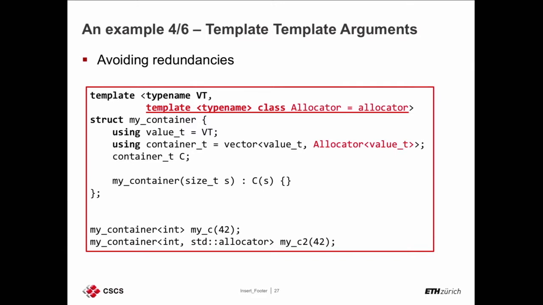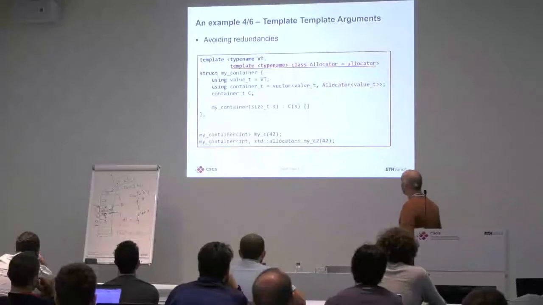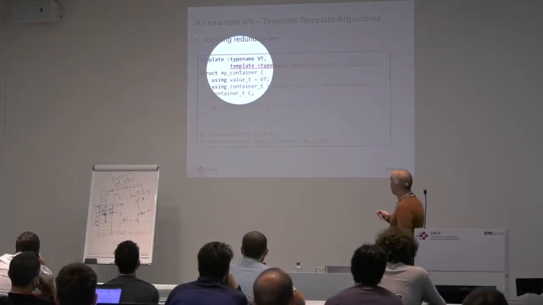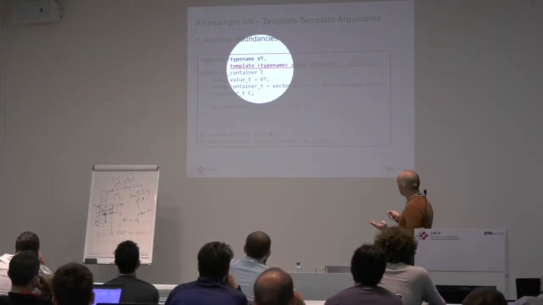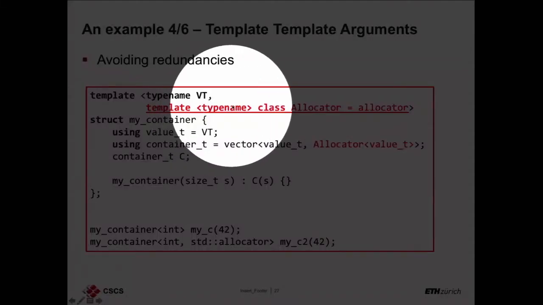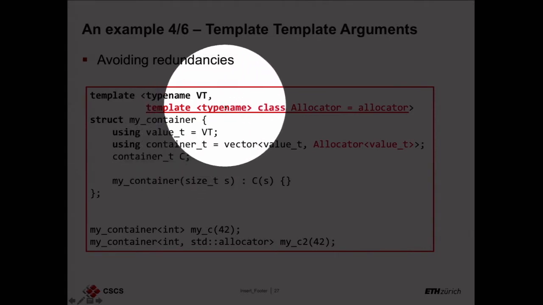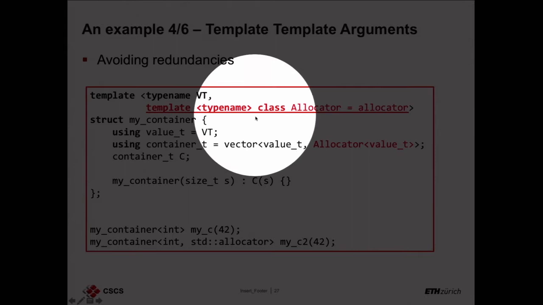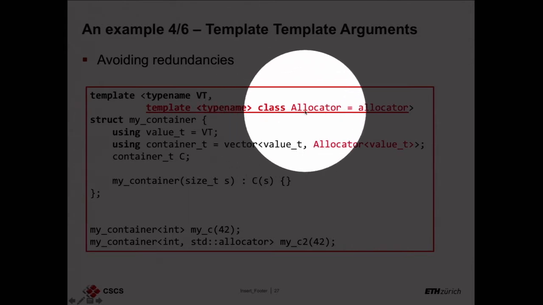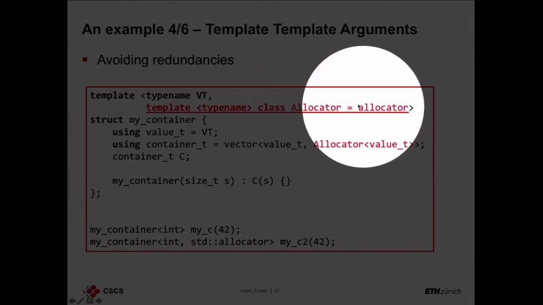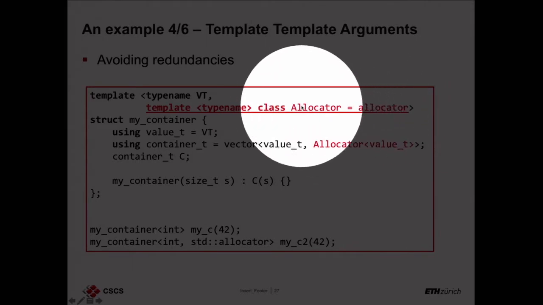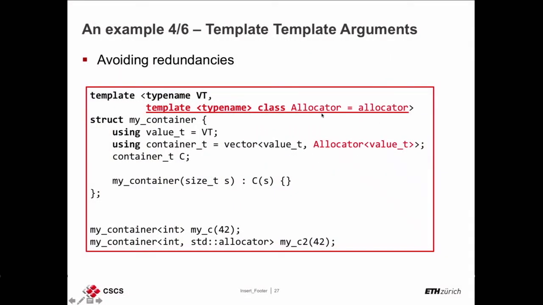So instead of passing a type as a template argument, I pass a template as a template argument. And now the syntax is really like this: template, angle brackets, the list of type and non-type parameters, the keyword class, and the name. And this will be Allocator. So now this Allocator is not a type.